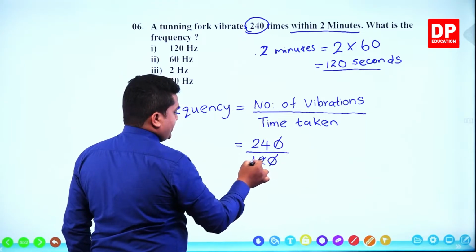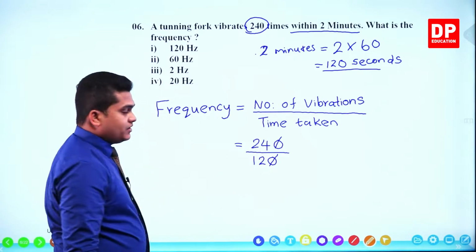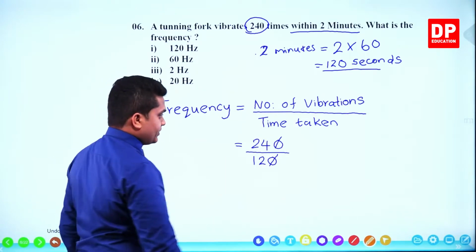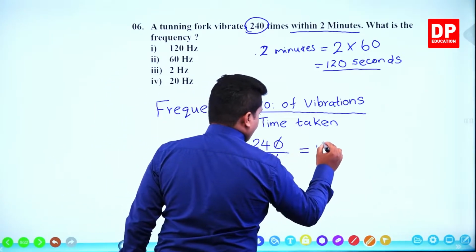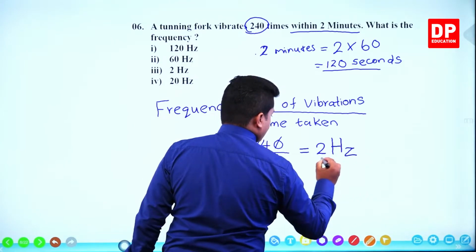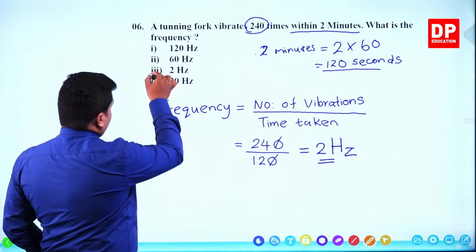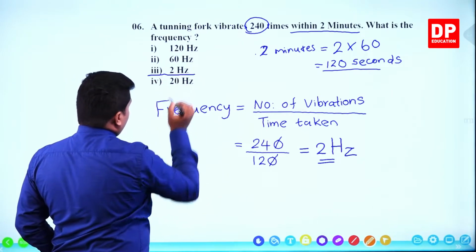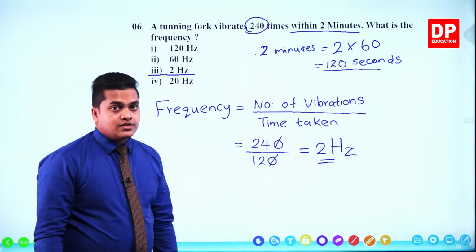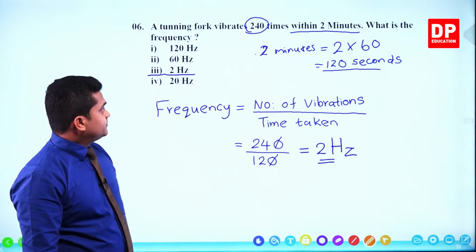So here 12, when you divide 24 by 12, my answer is 2. So the answer should be 2. Frequency is measured in hertz. So the answer is 2 hertz. So where is that answer? In the third response, you can observe that 2 hertz. So the answer is 2 hertz.